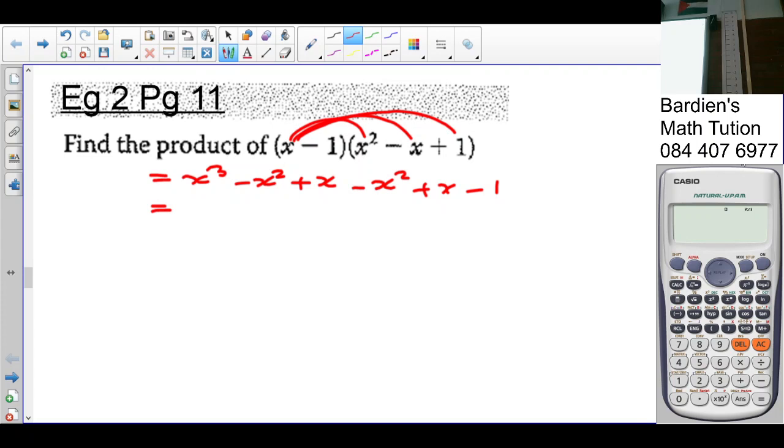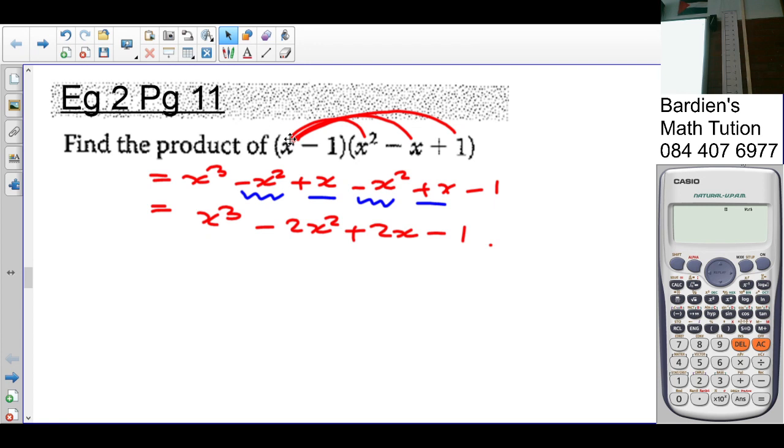Now we look for like terms. So I got x cubed, minus x squared minus x squared is negative 2x squared, plus 2x minus 1. You all got that? Any issues there?